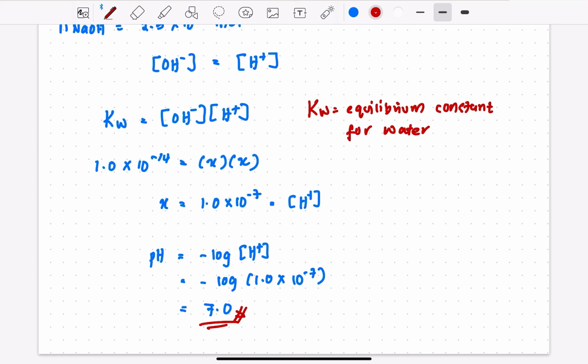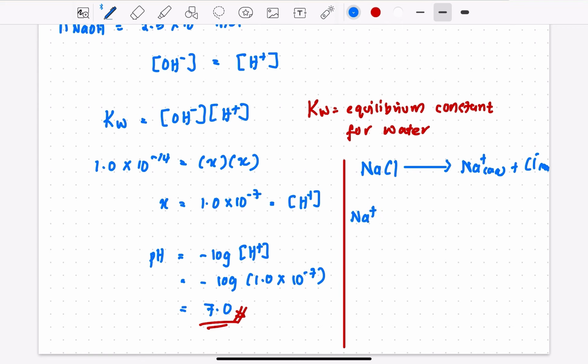Another explanation that we can make is that when they neutralize each other, we know that we have produced NaCl salt. So NaCl salt, when it is ionized, becomes Na+ and Cl-.